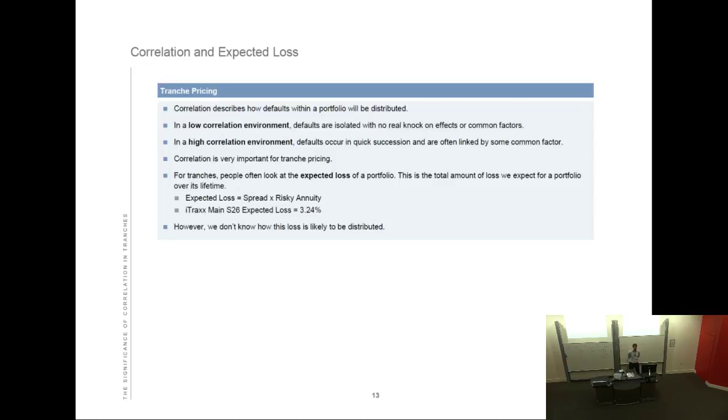Let's say you think of a portfolio with one automaker, one industrial, one tech company, and one bank, that would probably be a fairly lowly correlated portfolio. I mean, yeah, one of them might default, but there's no real reason to believe that they should all default together.